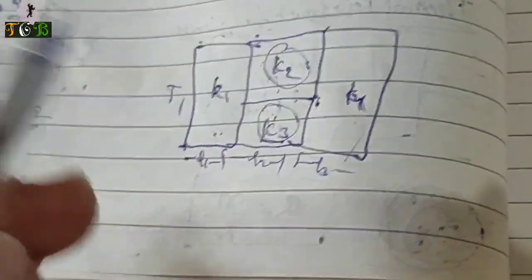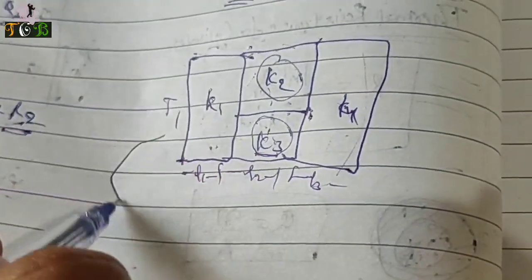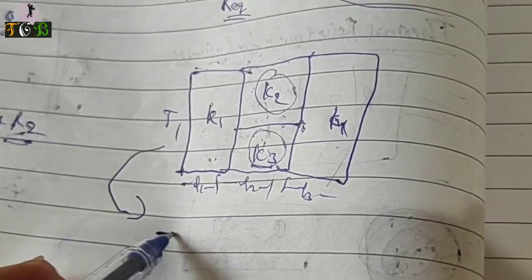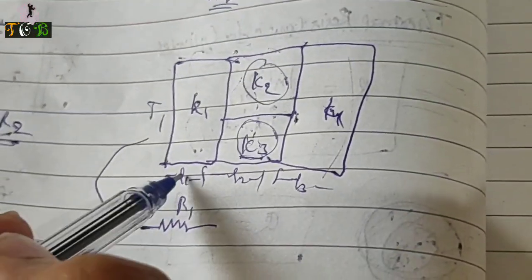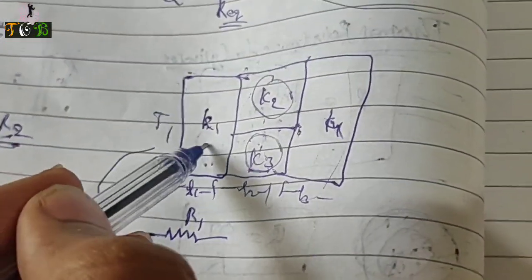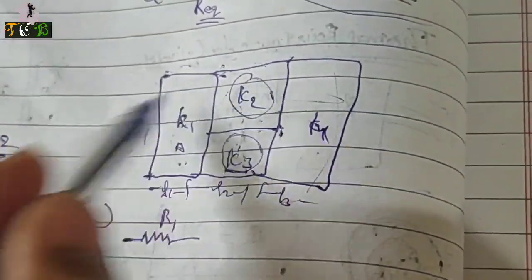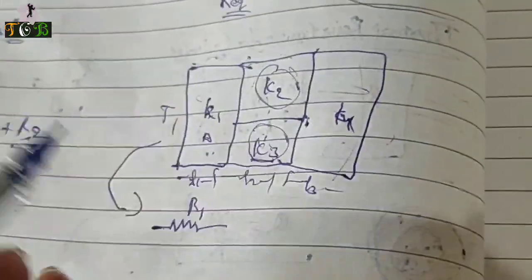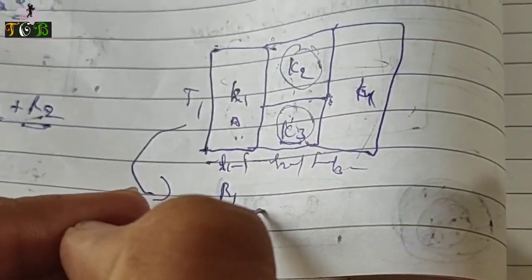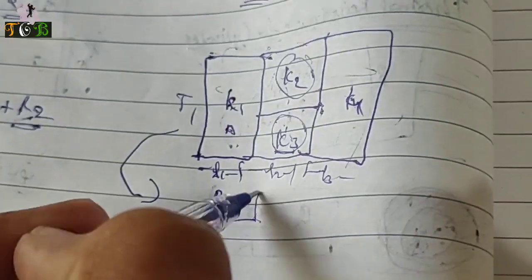So in this case, first of all, you have to draw a diagram like this. It's your R1, which will be L1 upon K1 into A, and area we can assume the same for all the walls. Okay, R1 will be there, and here this will be a case of parallel.